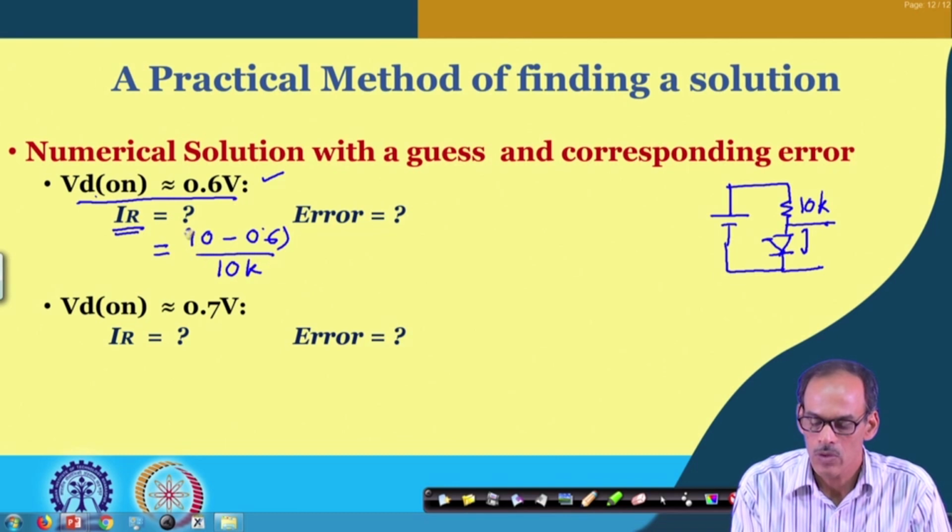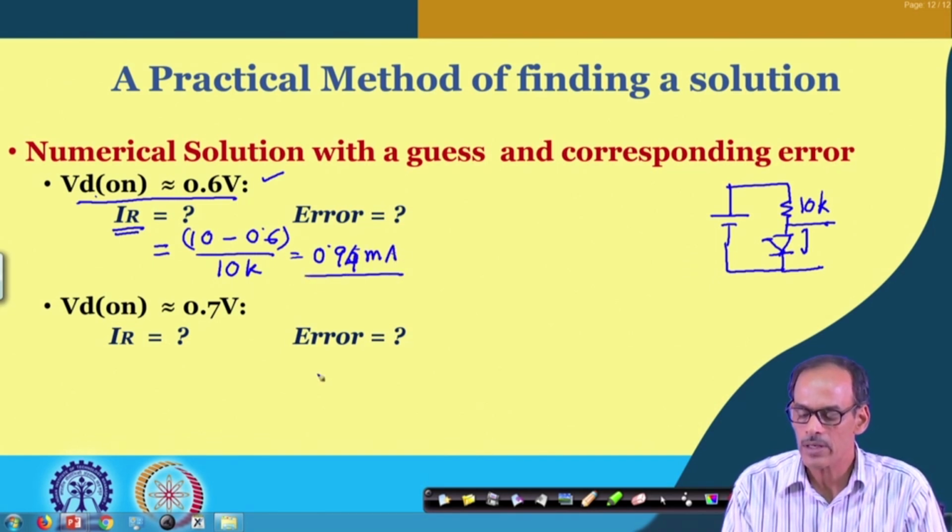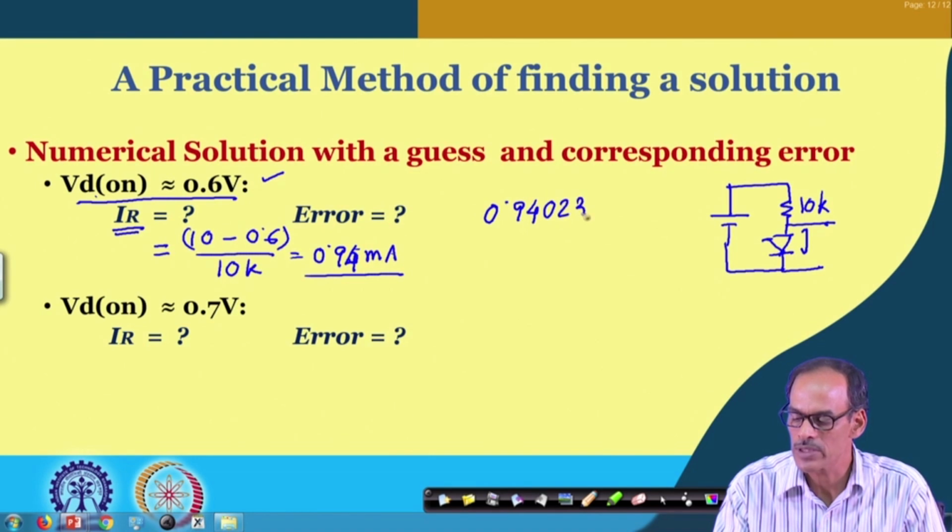So, what you are getting here is 0.94 milliampere. Now, if you compare with our previous numerical value, which was close to, if I recall correctly, 0.94023, something like this, milliampere.